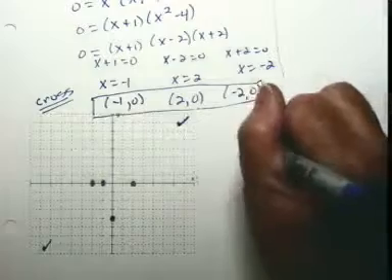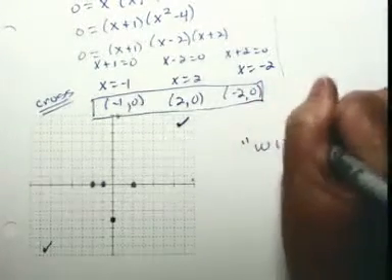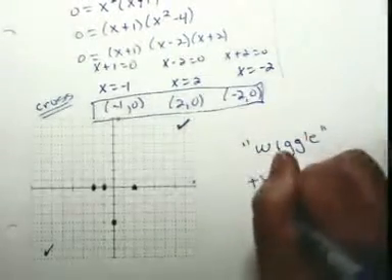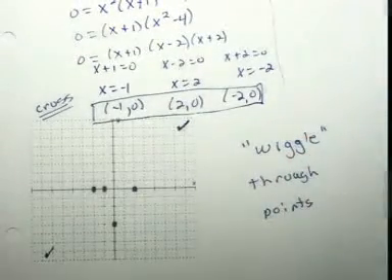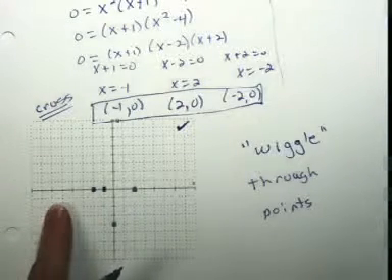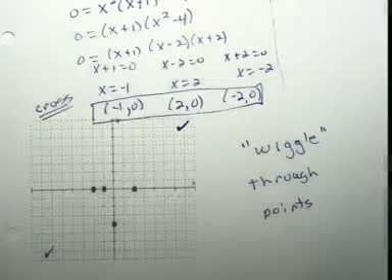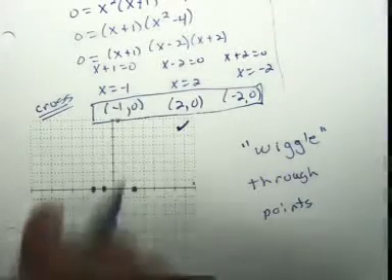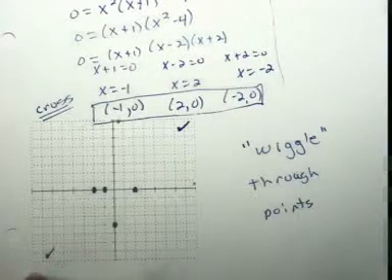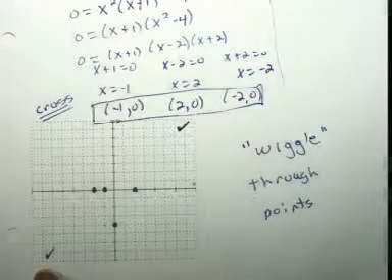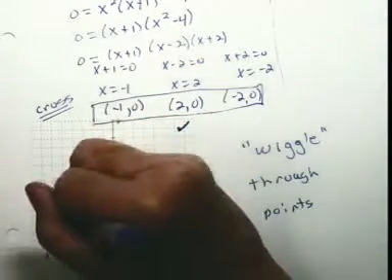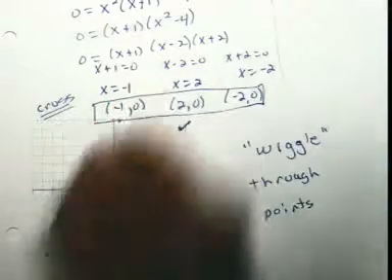What we're going to do now is wiggle through the points. I'm going to go past the last point here on the left. And I know to start down. I could start up and wiggle through these points, or I can start down, and that's why the end behavior tells me to start down. I'm going to go somewhere past this point, start down, and cross through that point.